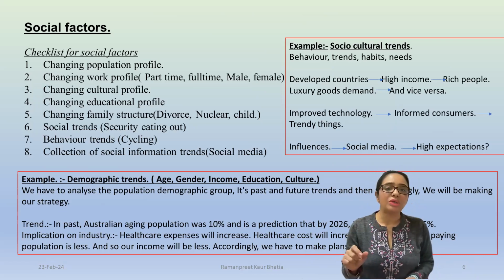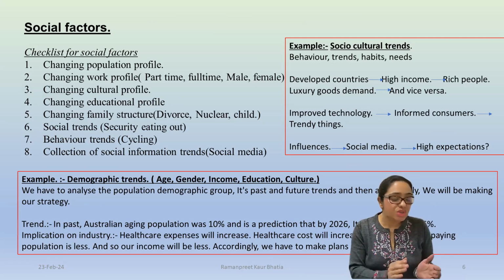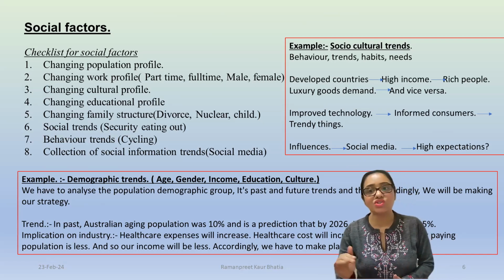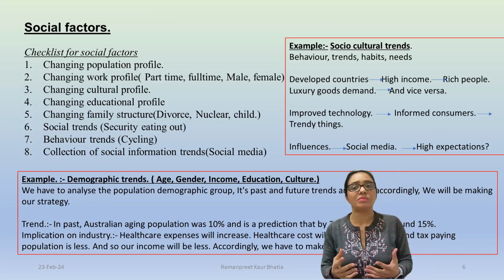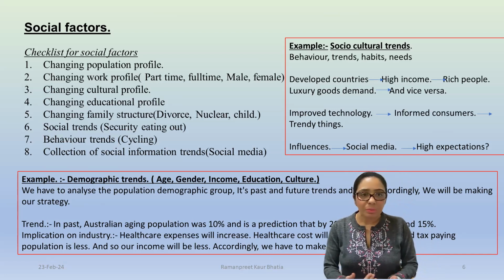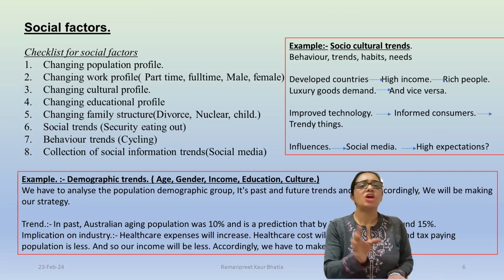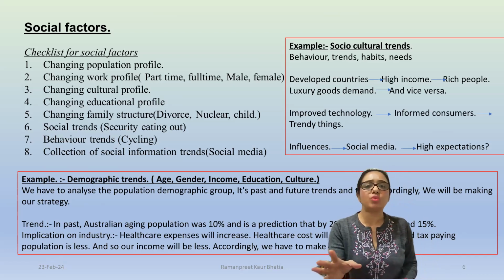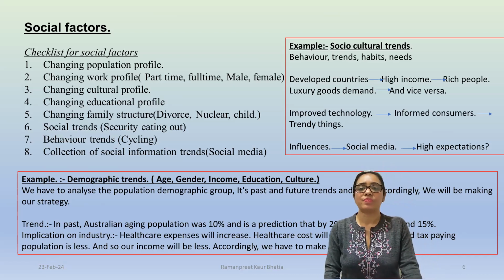If you read the module, it gives an example of developed countries, and it says the population growth in developed countries is generally very low. For example, Australia is experiencing an aging of its population. The number of people above 65 is expected to grow from 15% to about 20 to 23% of the total population in the coming years.